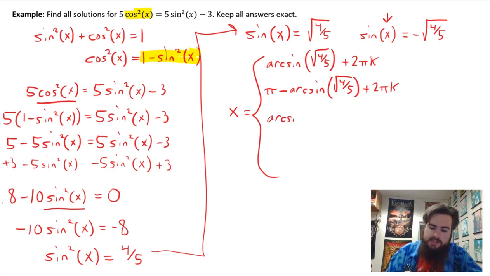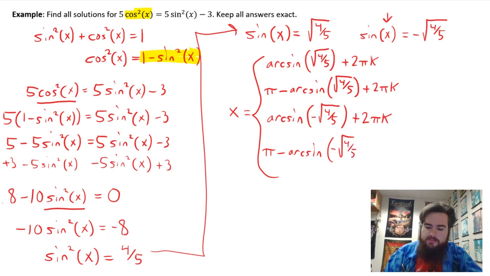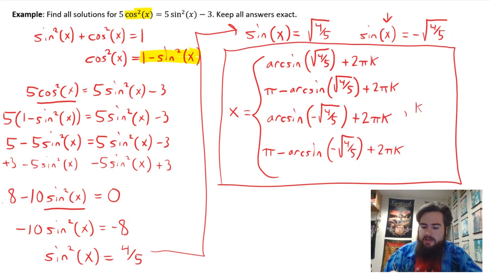We're going to get arcsine of, instead of positive root 4 over 5, negative square root of 4 over 5 plus 2 pi k, which you can also rewrite if you would like to apply the odd concept for arcsine, as well as pi minus arcsine of negative square root of 4 over 5 plus 2 pi k. And that would be all we need, keeping in mind that k, in all cases, is an integer.